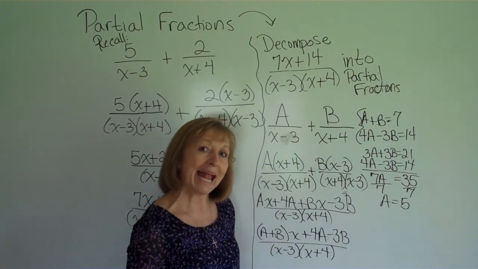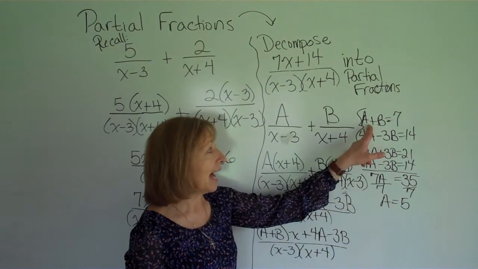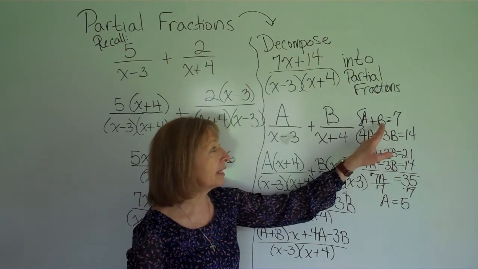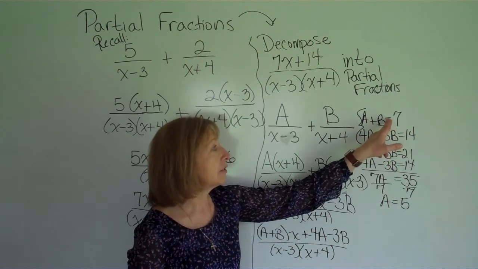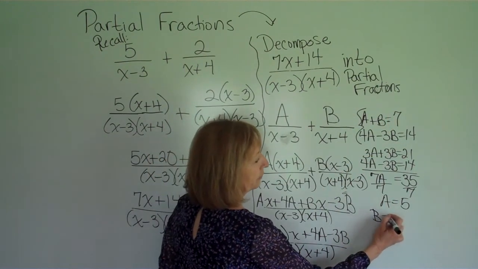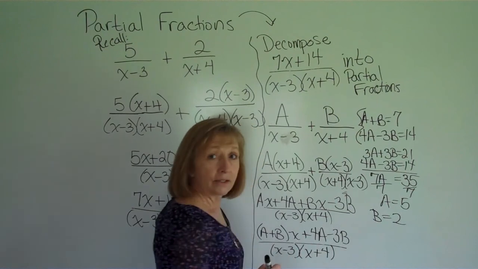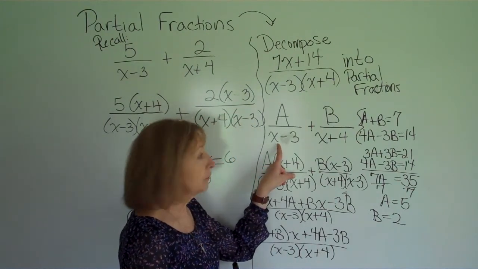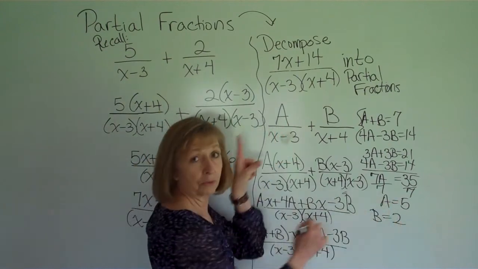And once I see that a is equal to 5, I can put that in for a in the first equation. 5 plus b is 7, so subtract 5 from both sides, b is equal to 2. So then what we get is writing out what our solution is by putting these numbers in the numerator.